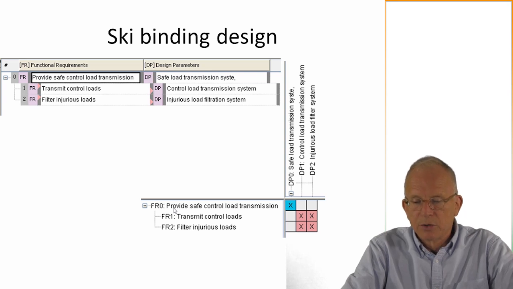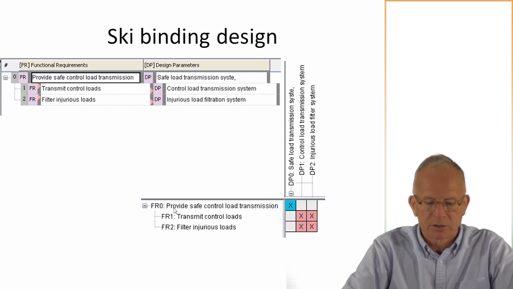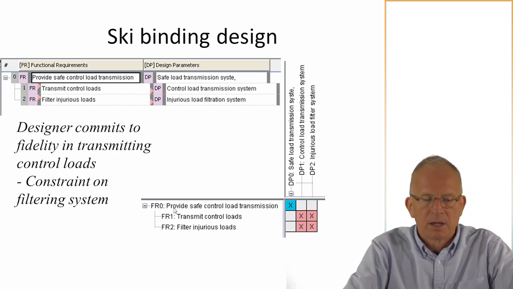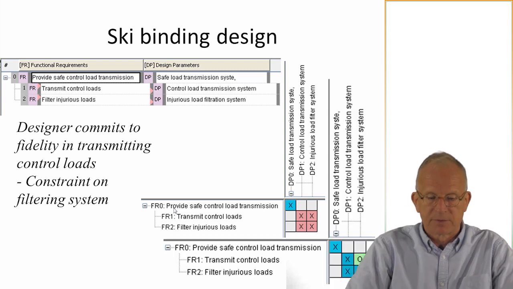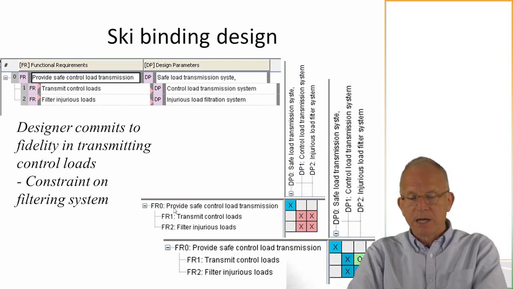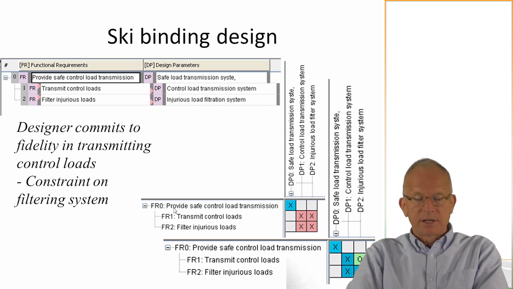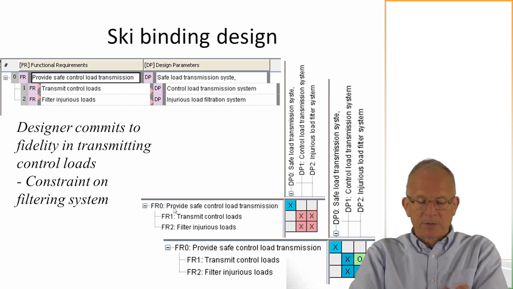So the injurious load filtration system can interfere with the transmission of the control loads. So the designer needs to commit to fidelity in transmitting control loads and put some sort of constraint on the filtering system. So how can this be done? This is what we would like, to have at least a triangular matrix.